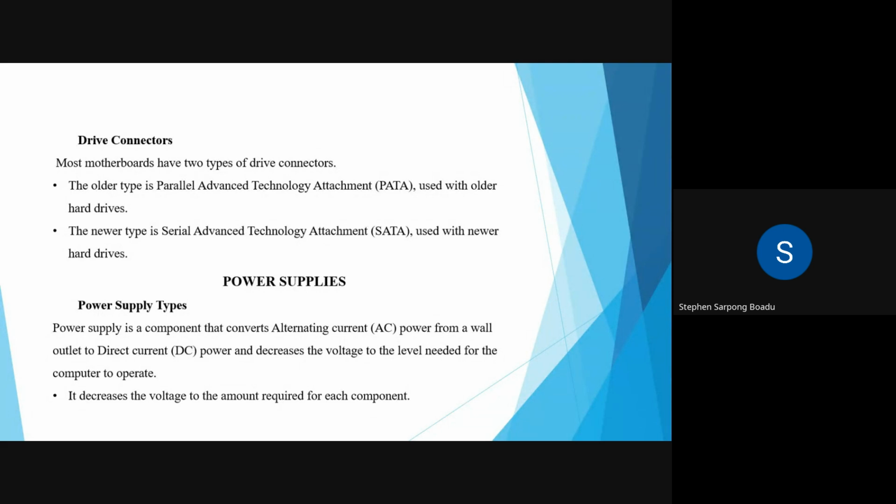I think most of you know that the current coming straight from the wall cannot power the PC. It can power it, but it might damage it, right? So what the power supply does is that it converts the current coming from the wall, which is alternating current, into direct current. And direct current is what PCs need to operate.